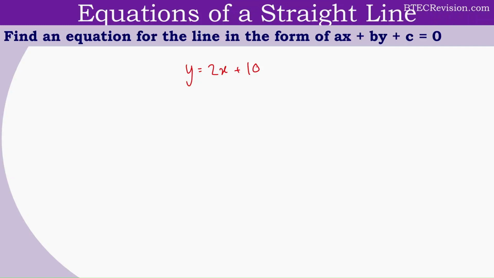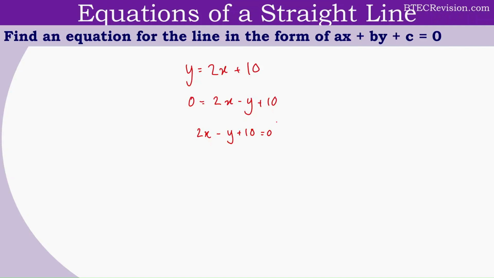So we will move the y over to the right side in this case. So that would be 0 is equal to 2x take away y plus 10. And if we just rearrange that, 2x first, take away y, plus 10 is equal to 0.